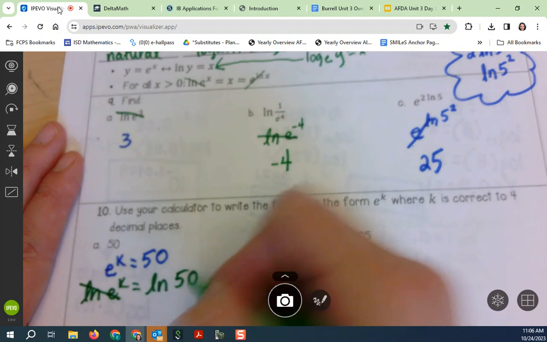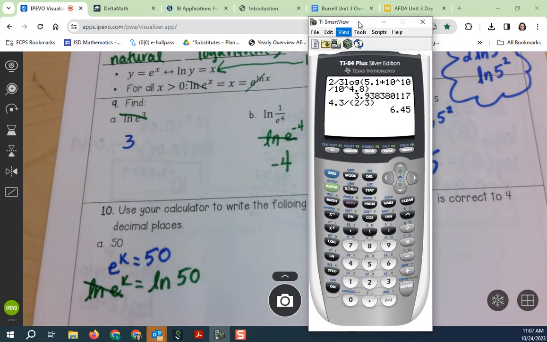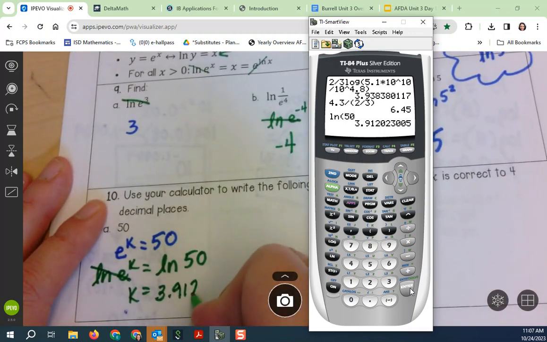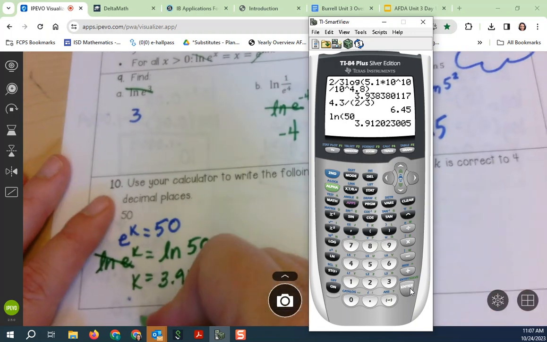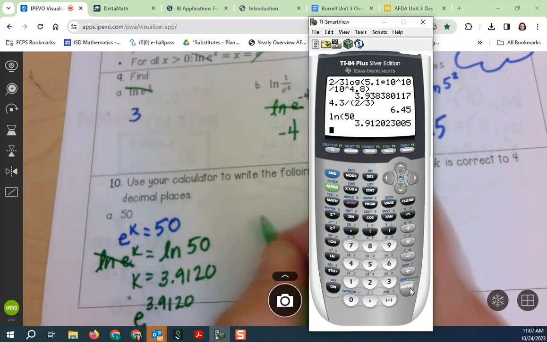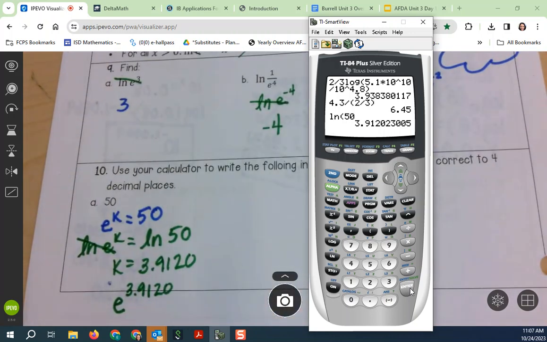Those cancel out, so to find k, I just use my calculator to do ln 50. It says 4 decimal places, so I'm getting 3.9120. And so I'm going to write it as e to the 3.9120. If I type that in my calculator, it should give me a number that rounds to 50, very close to 50. Do the last one with the same method.